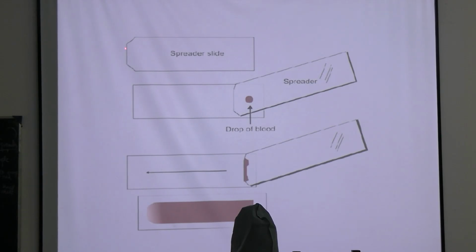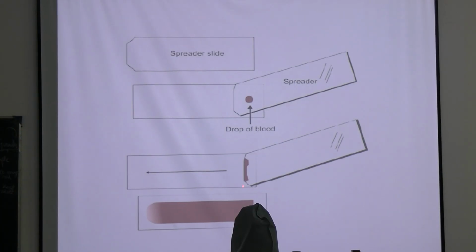Actually, the edge should be shorter than the actual slide. The main thing is that the edge which is going to contact the blood should be shorter than this slide. Why? Because if the edge is shorter, then this end will not come here.